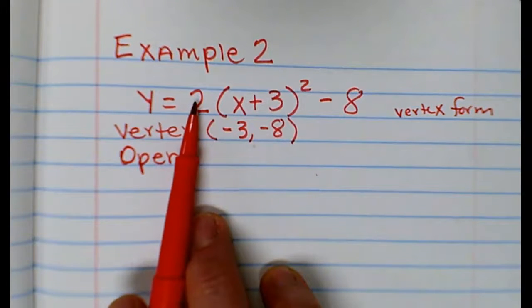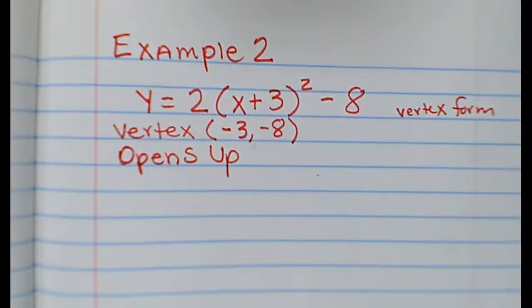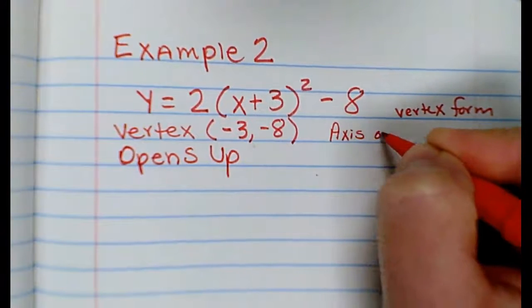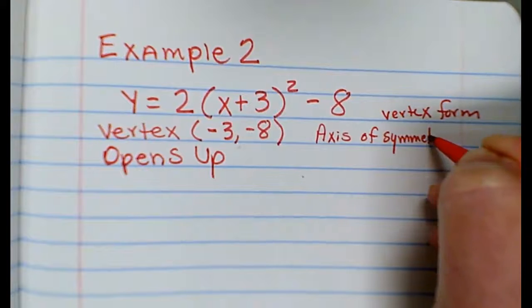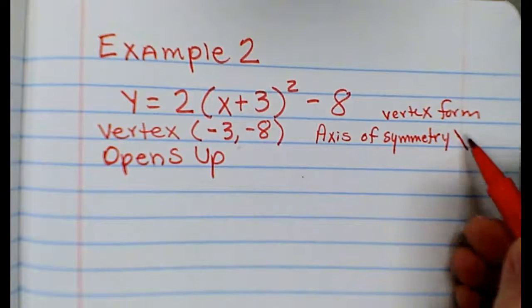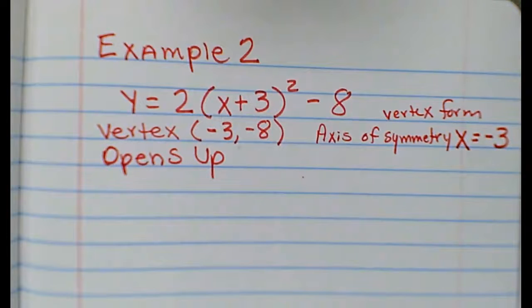So is this going to make it open up or down? This is positive, so it's going to open up. The axis of symmetry is going to go through the vertex point, and so the axis of symmetry is going to be x equals -3.